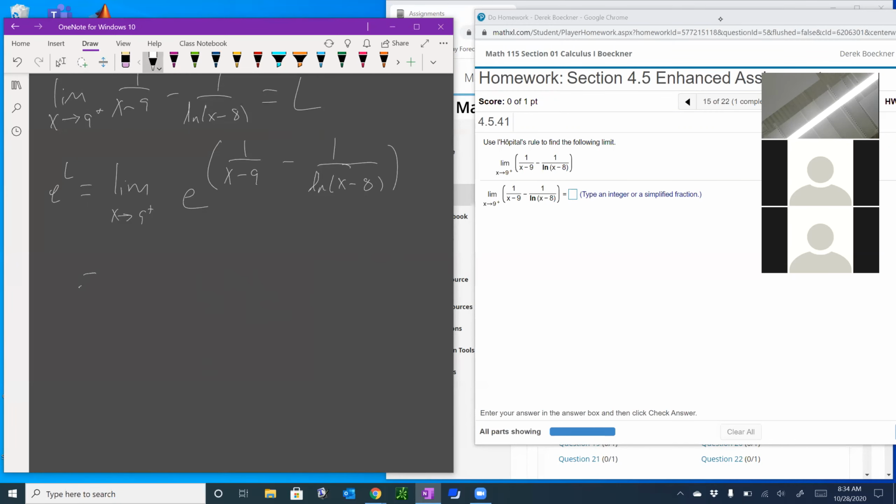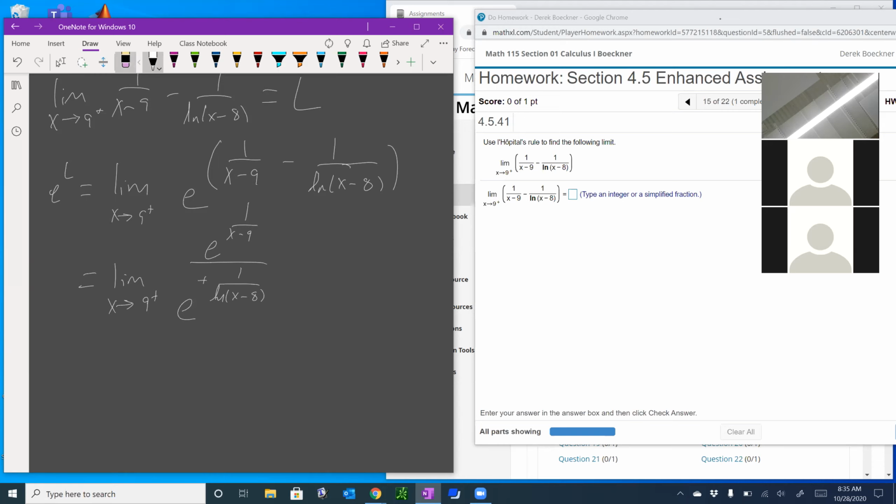Okay. So this is the limit as x goes to 9 plus. Here I've got e to the 1 over x minus 9 over e to the minus 1 over natural log of x minus 8.